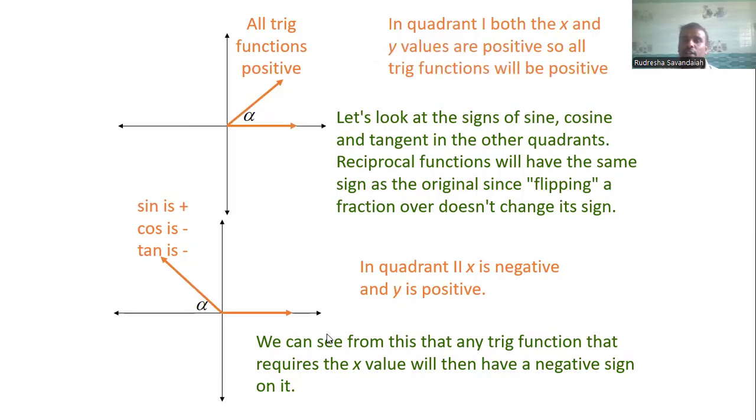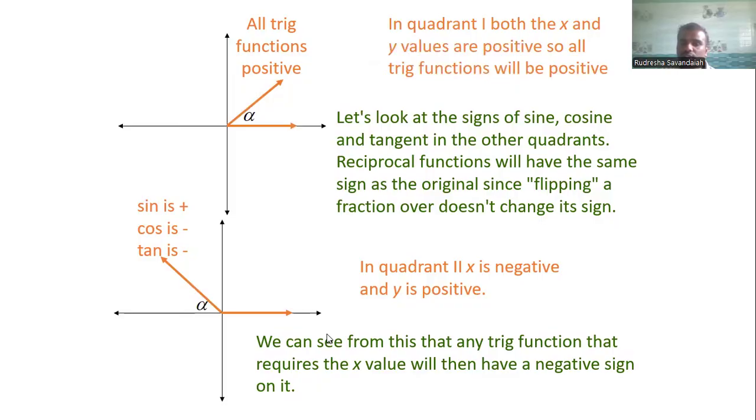In the third quadrant, x is negative and y is negative. The r is always positive. So if we have either x or y with the hypotenuse, we will get a negative. If we have both x and y, the negatives cancel.